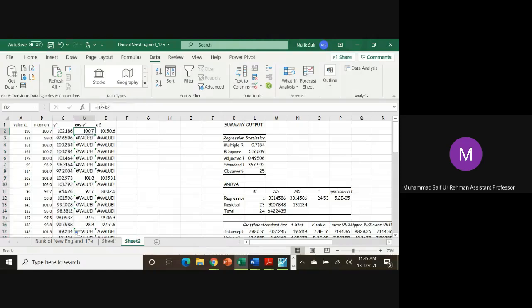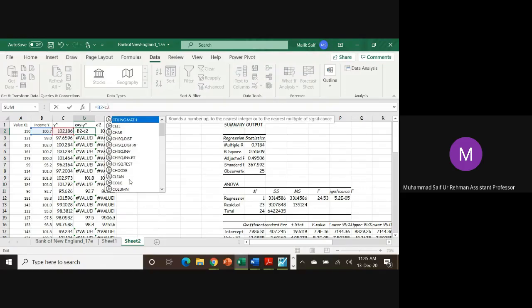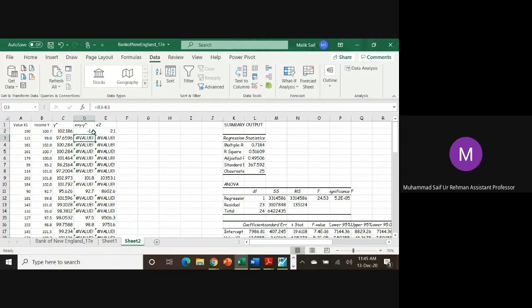Now B2, so this is not B2. This is basically B2 minus C2, y minus y hat. This is equal to this value. Now if you double click this, B2 minus K2, so this is not K2, this is C2. Enter. This is the value.